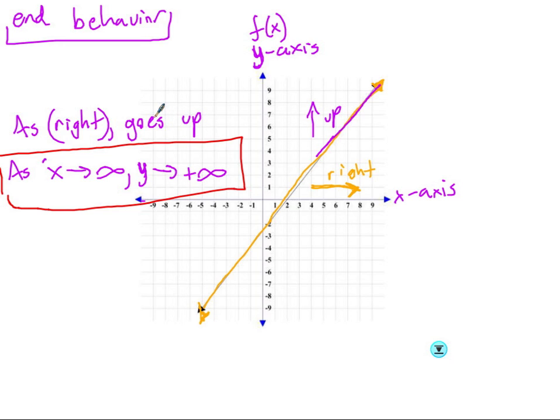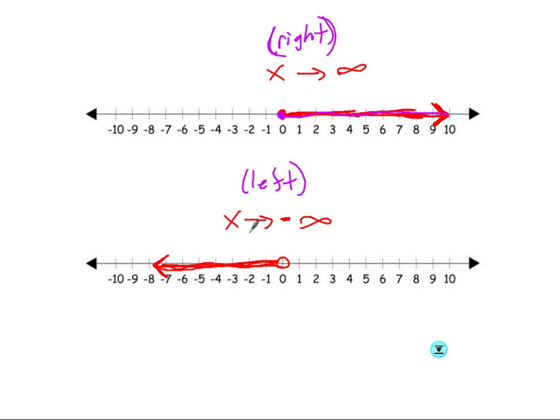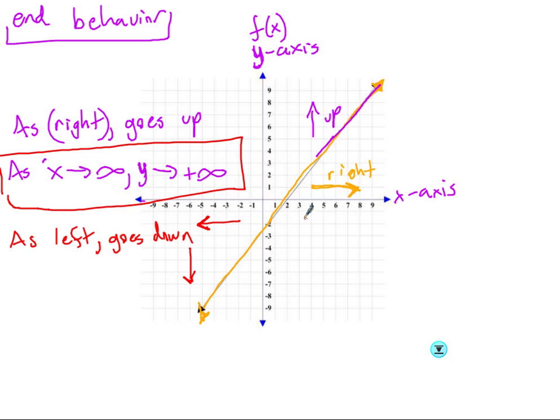Okay, now we want to figure out how the graph is going when we go to the left. As we go to the left, which way is the graph going, up or down? Well, when we go to the left, you can see that the graph is going down. Again, we have to write this in mathematical notation. Remember, the notation for going to the left is x goes to negative infinity.